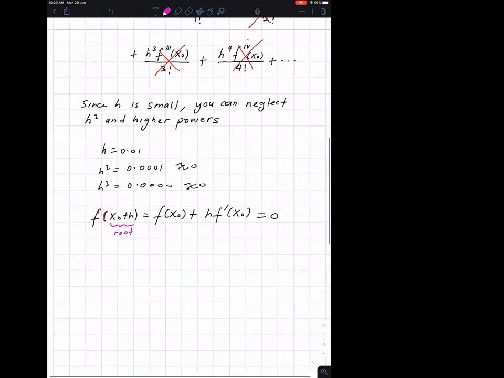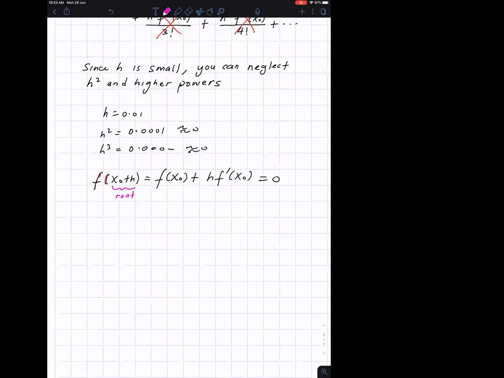Then solving for h gives h equals minus f(x0) divided by f'(x0).